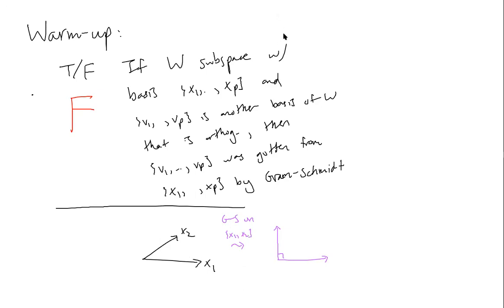But you could also do Gram-Schmidt if you switch the order, then x2 is going to stay the same, and you're going to get x1 that's orthogonal to x2, and so this will be your basis. These two are different orthogonal bases. So Gram-Schmidt, depending on the order, can give you very different things, and orthogonal bases can just be very different. So it's not true that you get a unique orthogonal basis from just a basis. You need to pick an order.